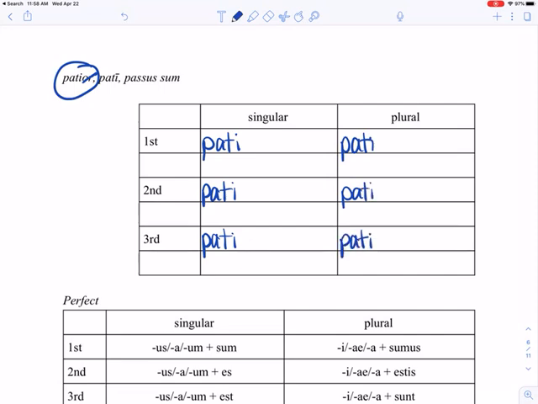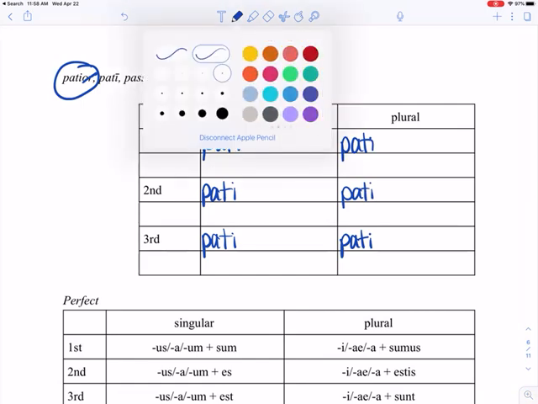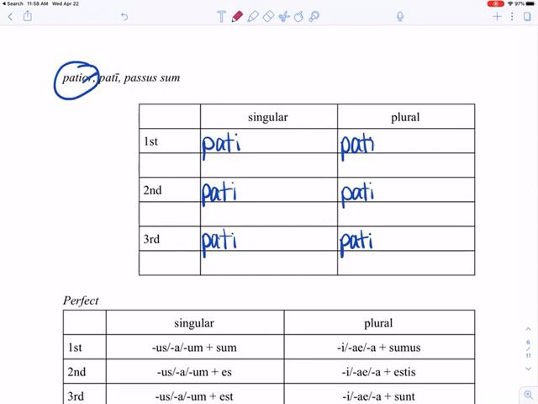Okay, and so here we go. So now we're going to add R to first singular for patiar, and so this is I will suffer.